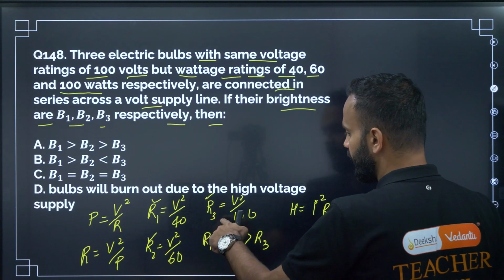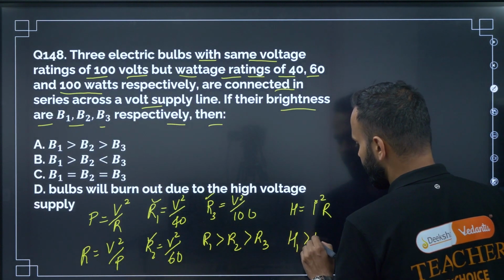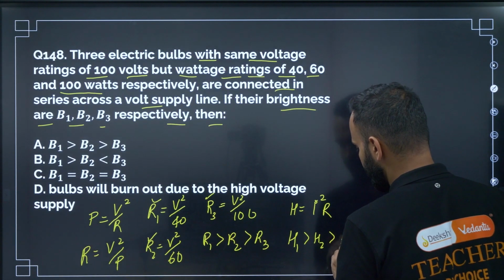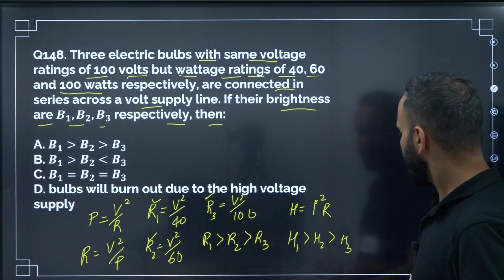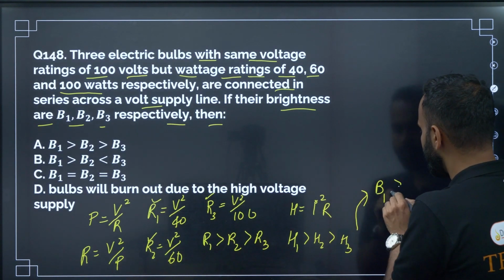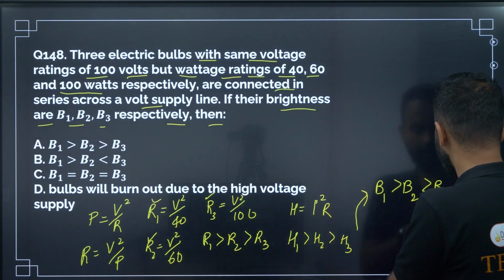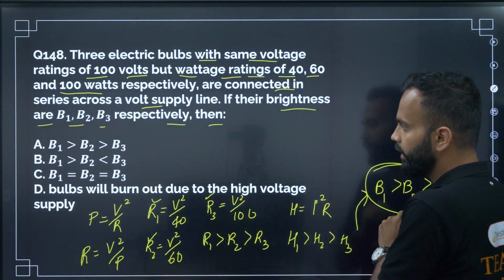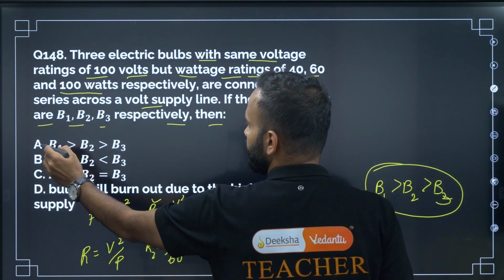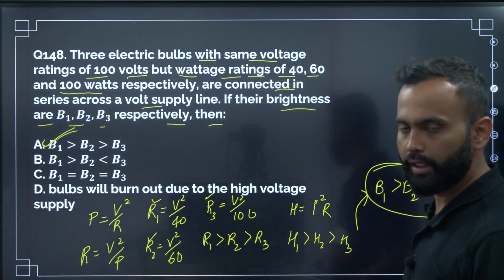R1 is greater than R2 is greater than R3, therefore H1 is greater than H2 is greater than H3. So I can conclude that the brightness of the first bulb is greater than that of the second, which is greater than that of the third. So the first option is the correct option, B1 is greater than B2 is greater than B3.